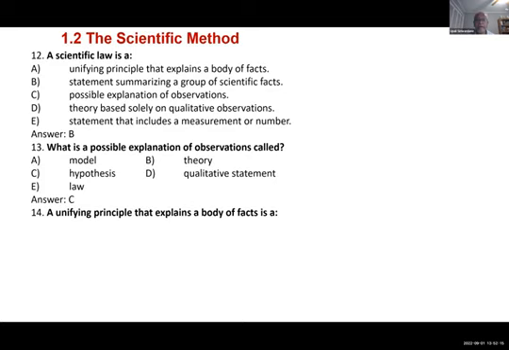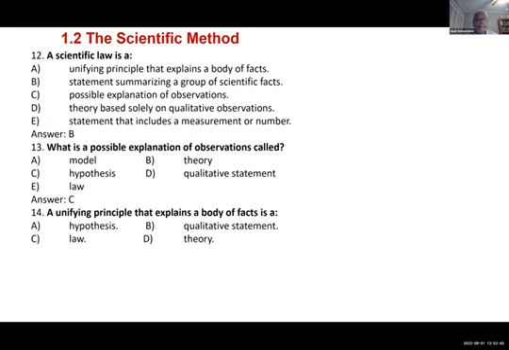An underlying principle that explains a body of facts. Now, looking like theory. Hypothesis, qualitative statement, law, theory. Hypothesis is a possible or tentative explanation. Qualitative measurement is a fact or the data.